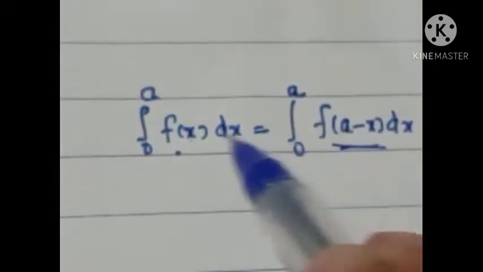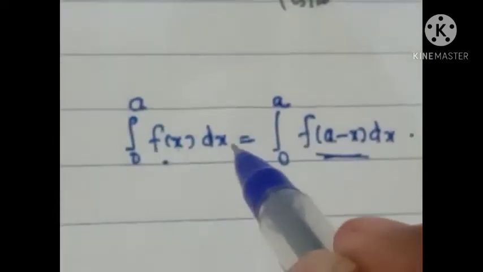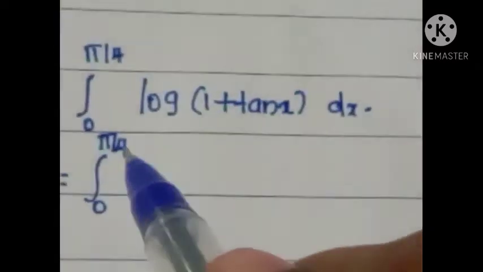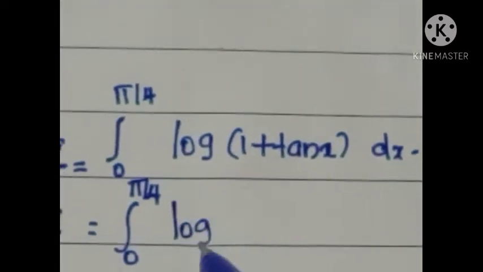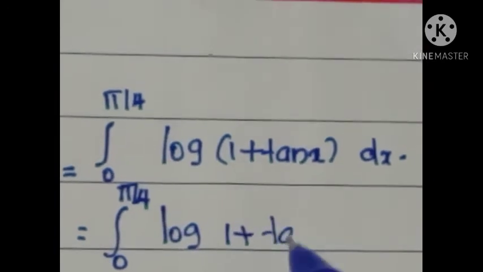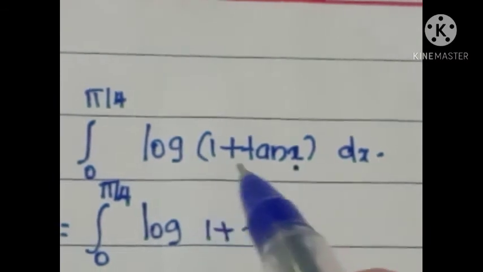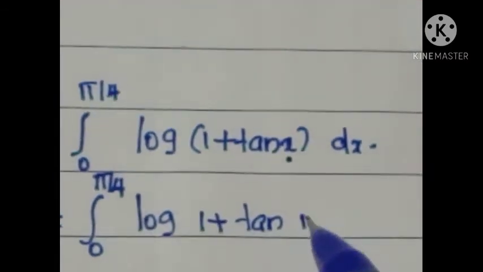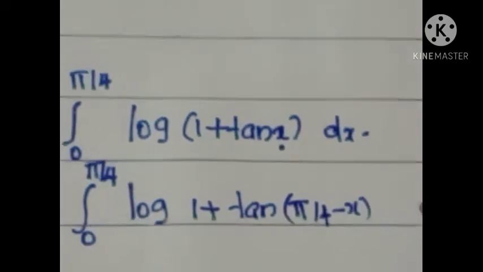So there is no change in this integral value. Likewise, we are going to convert this integral as, listen, log 1 plus tan, this x can be changed as upper limit minus x. What is upper limit here? Pi by 4. Pi by 4 minus x dx.